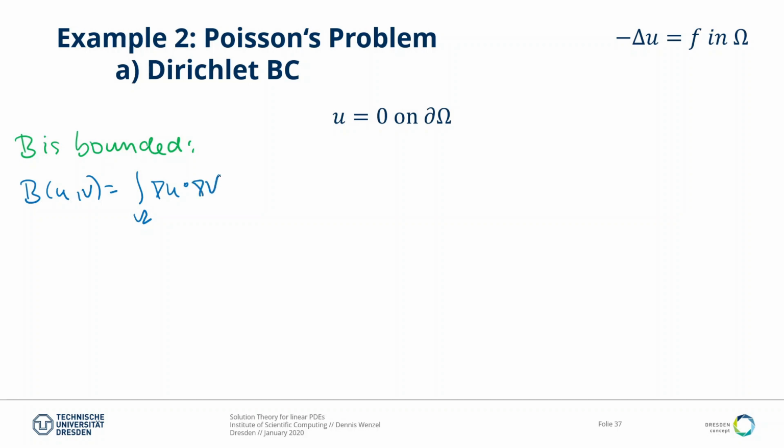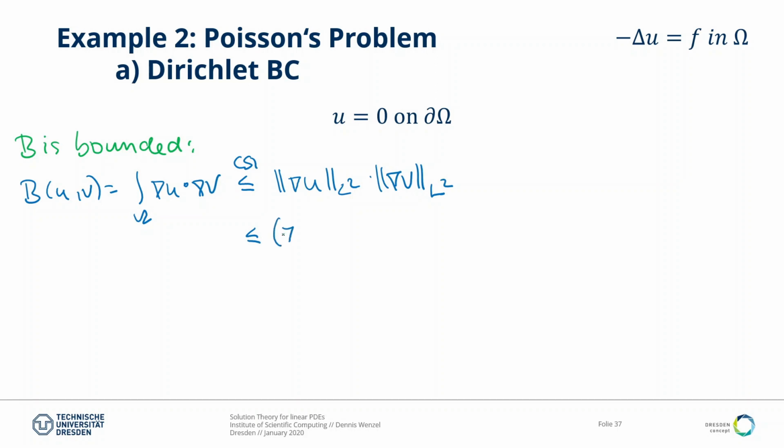Then we again use the Cauchy-Schwarz inequality. That gives us that this is smaller or equal to gradient of u in L2 times gradient of v in L2. And well, if we just add the L2 norms of u and v to this, we are still just making it bigger.